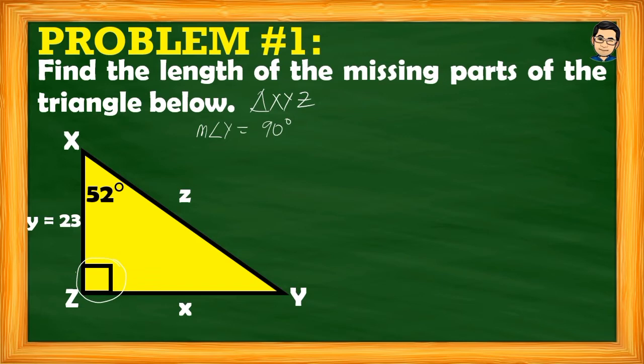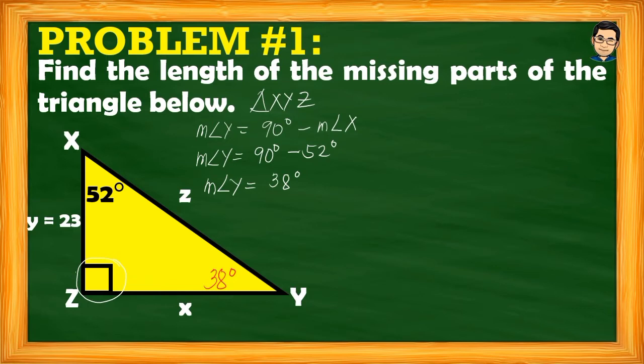So 90 degrees minus the measure of angle X, which is 52 degrees. Therefore, the measure of angle Y is 38 degrees. So let's write 38 degrees.